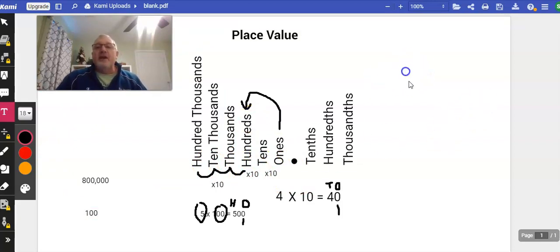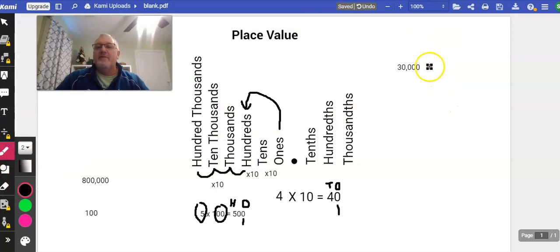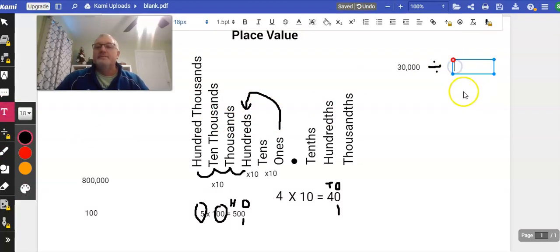So if I pick a number, let's just pick a number up here. Let's say 30,000. And I want to divide that. Okay, and I don't have really a division key. It's locked over here because I got the free version. So we'll just draw it in here. So if I've got a division and I'm dividing it, let's say by 1,000.